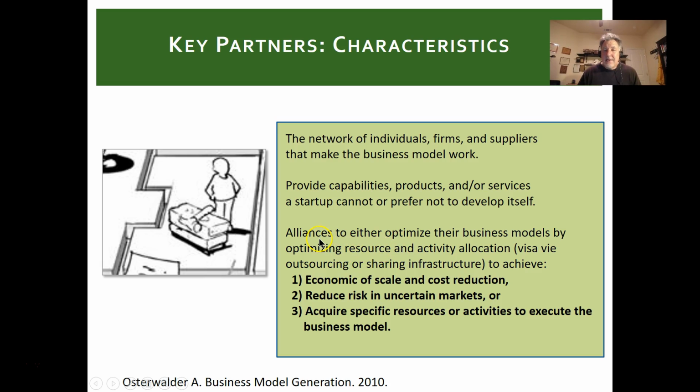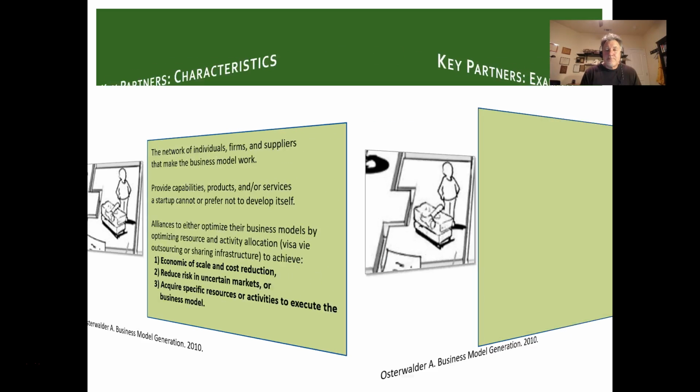Also, you're trying to create alliances that'll create economies of scale, cost reduction, reduce risk in uncertain markets, especially if you go overseas, and acquire specific resources and activities to execute the business model. And that may be your supply chain in particular, or it could be a certain type of expertise that you just don't want to have on staff.